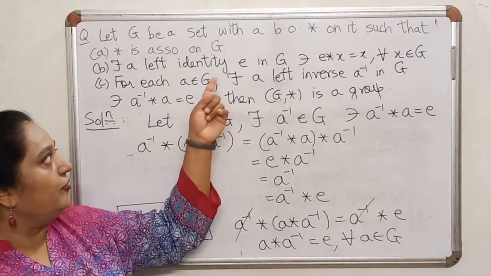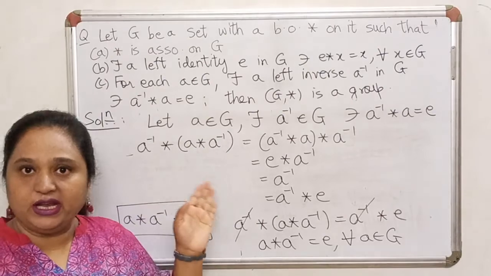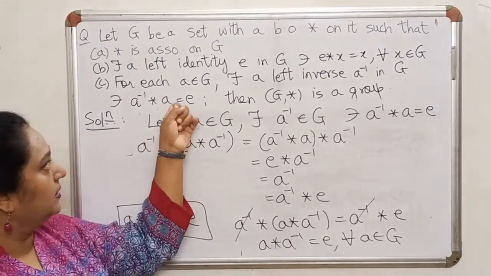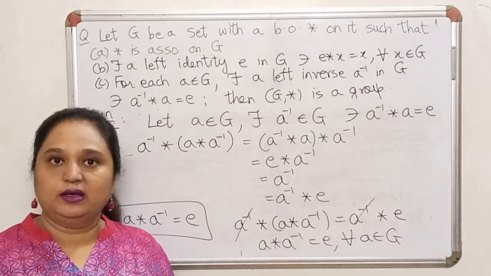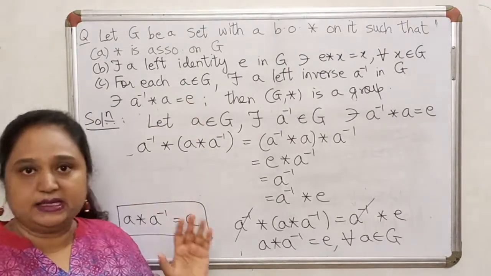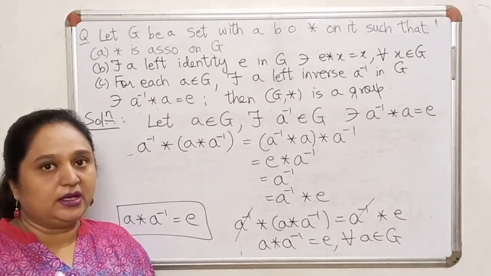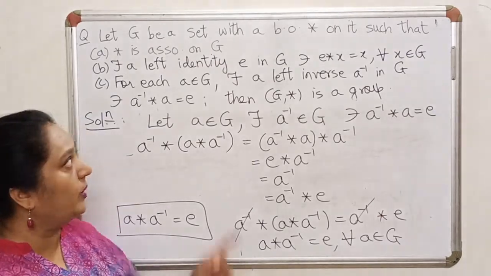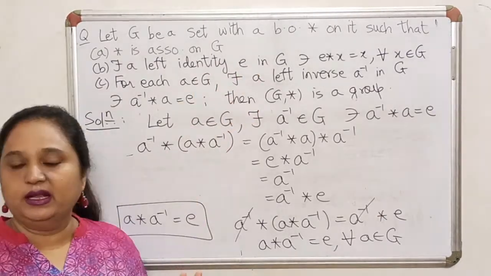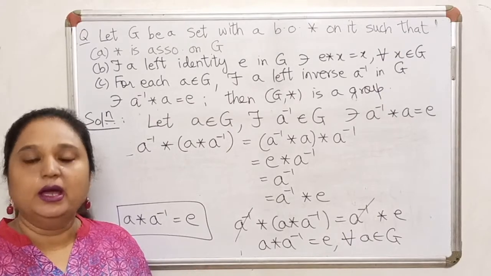So you will notice that even if you take these weaker conditions, still you get a group. That means if you have identity from only the left and every element has a left inverse, even then it will become a group. But the key thing to remember is that it is left identity and left inverse for every element.